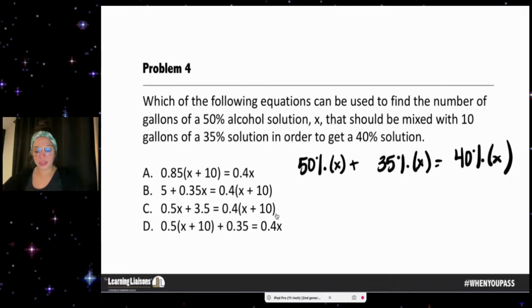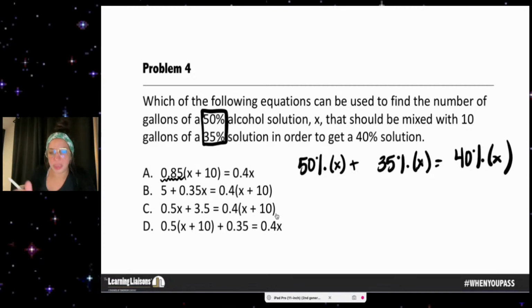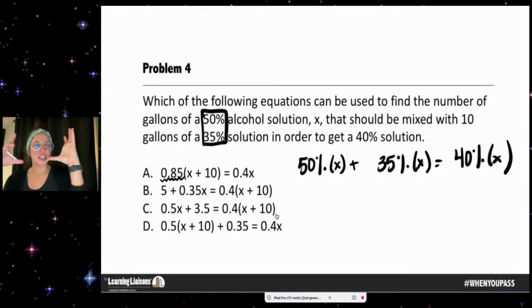So when I look at this problem, I see 85% times something. Well, I cannot add my 50% and my 35% together because they're percentages of a solution. So I can't add those percentages together because it's not the same scientific solution, if you will.